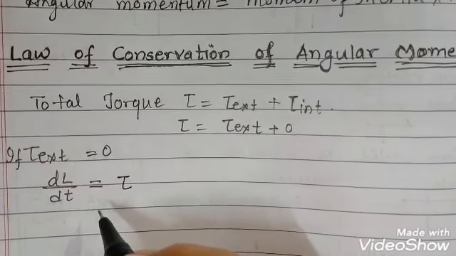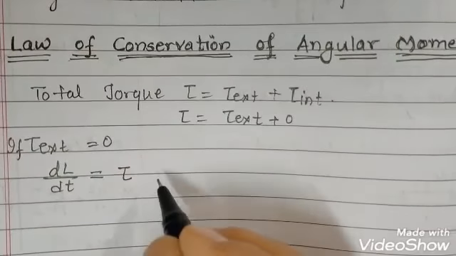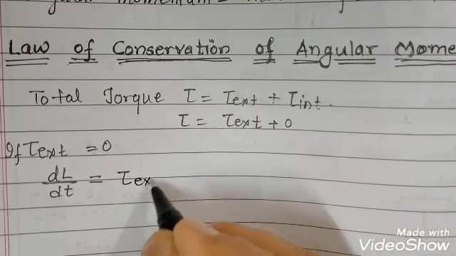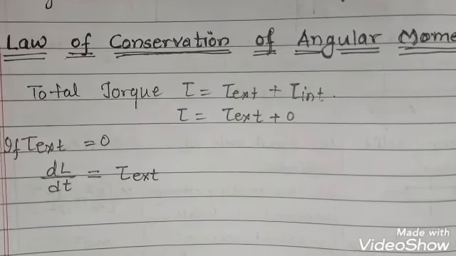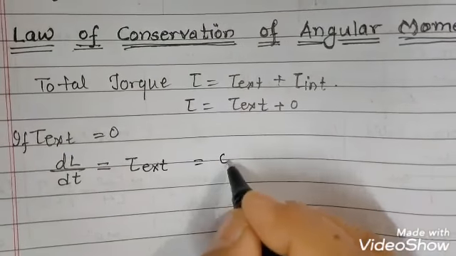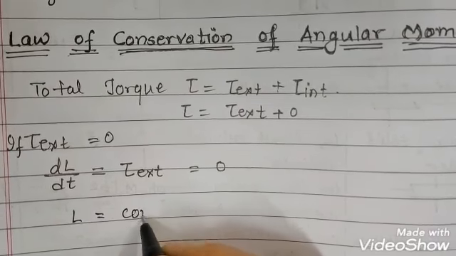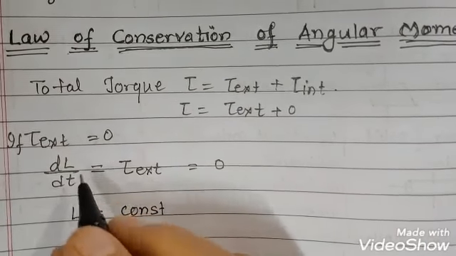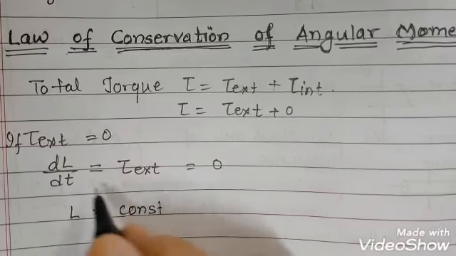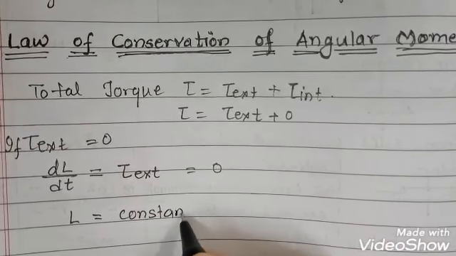This formula we have already derived. So this tau is tau external here, and tau external is 0. So this is 0, and in such a situation L must be constant. If the derivative of any quantity is 0, that means that quantity must be constant.